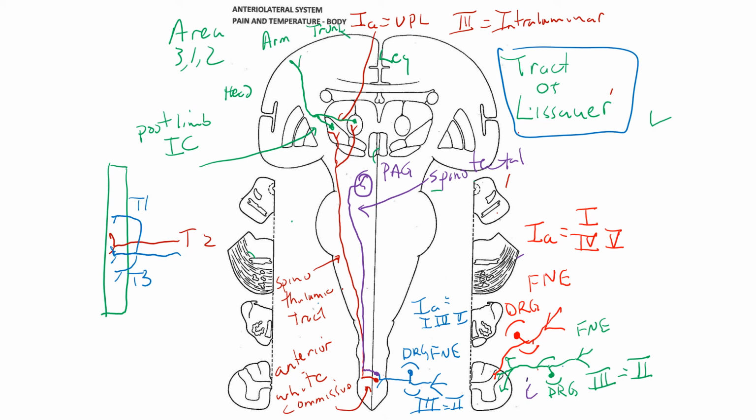Second order neuron is going to come off, cross the midline in the anterior white commissure. It is going to ascend and then terminate in the reticular formation of the brainstem. And this will be the spino-reticular tract.